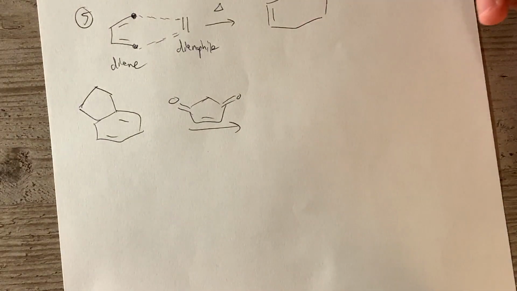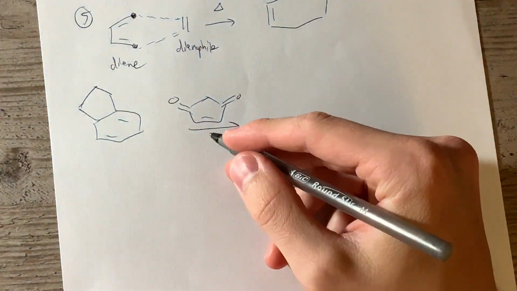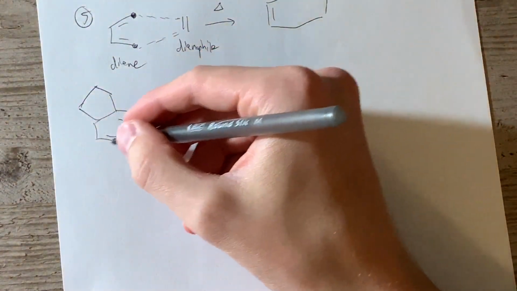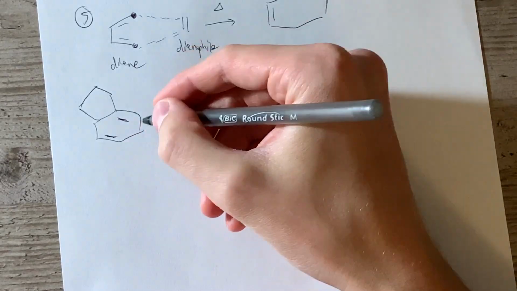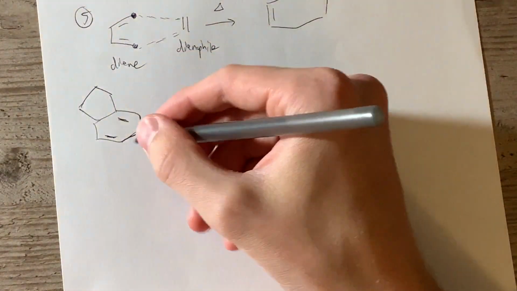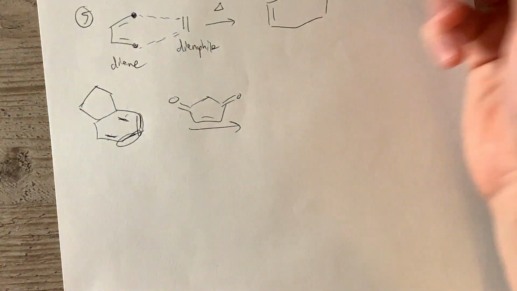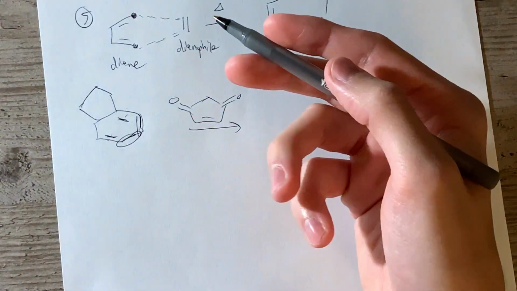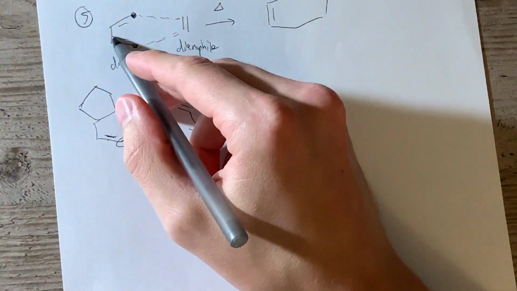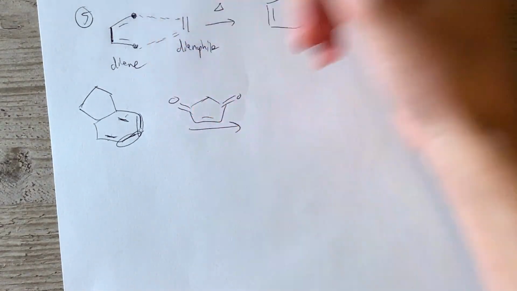So the first thing you're going to notice is that this is your diene and that's your dienophile, all right? This looks a little bit different, right? What you have to notice is that there's 2 sigma bonds separating the double bonds. In the traditional Diels-Alder, there must be 1 sigma bond between the 2 double bonds.